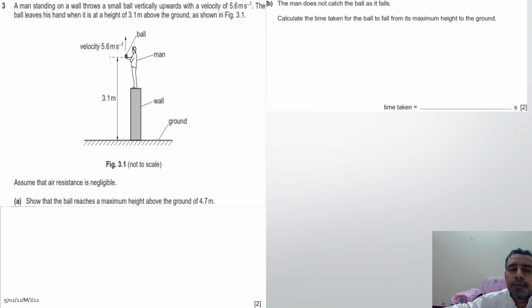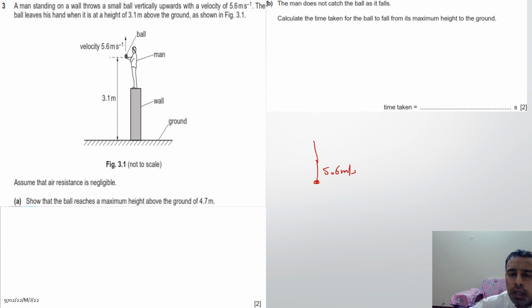Moving forward, this question is related with the kinematics and energy. A man is standing on the wall and throws the ball vertically upward. So its initial velocity is 5.6, meaning when it comes at the top it will be like this one. The initial velocity is 5.6 meter per second.